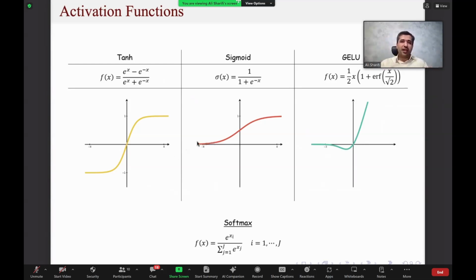For example, if the value of x is towards minus infinity, the output value would be 0, and whenever the value is towards positive infinity, the output value is 1. So this is very similar to the off and on state of a neuron, but this shape makes a nonlinear separation.